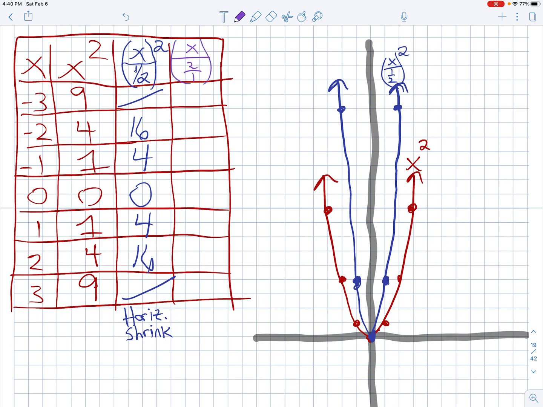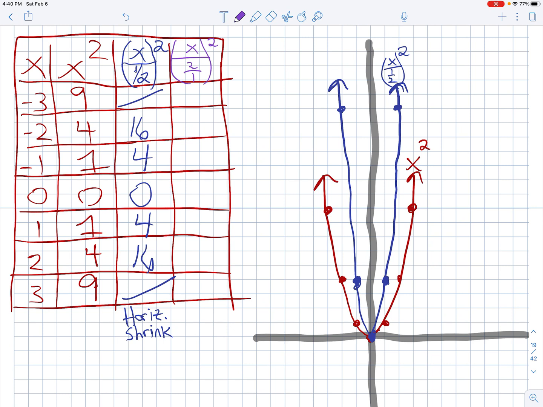All right. Now I want to do (x divided by 2 over 1) squared. You might be saying to yourself, isn't that just x divided by 2, squared? The answer is yes.